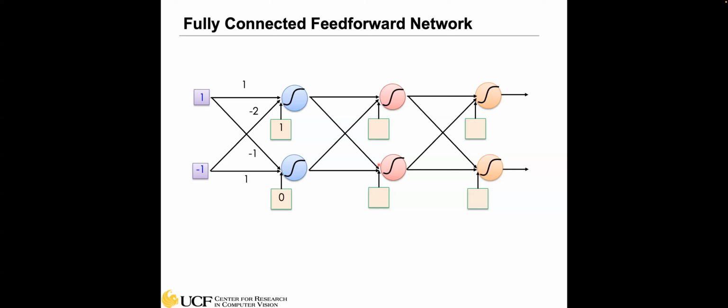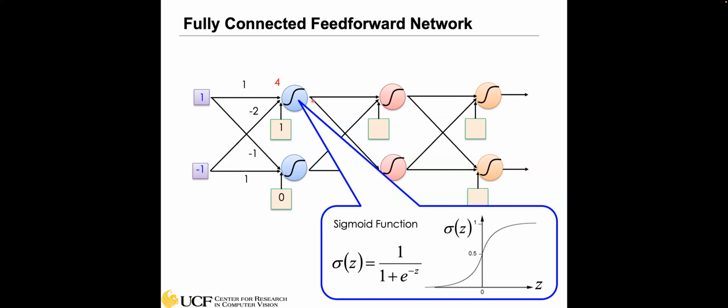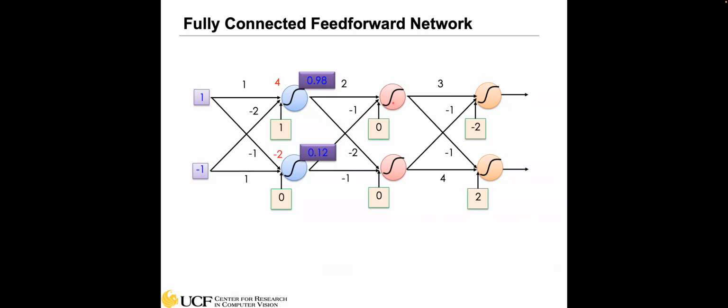For the inputs 1 and -1, we can generate the output of the neuron. Assuming we are using the sigmoid function as the activation function, we can generate the output of this neuron, and here we can generate the output for this neuron as well. Then we consider this output as input to the next layer of neurons, indicated by the red color.